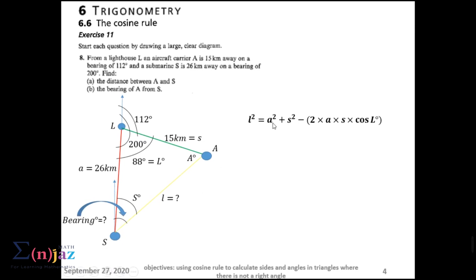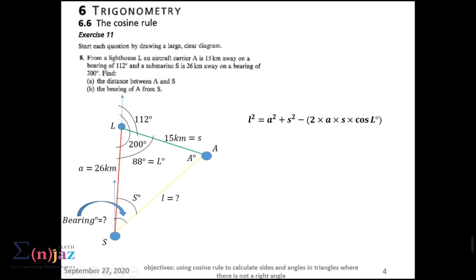What are the other two sides? A and S. So A squared plus S squared minus, in brackets, 2 times side A times side S times cosine of the angle between side A and side S, which is angle L.